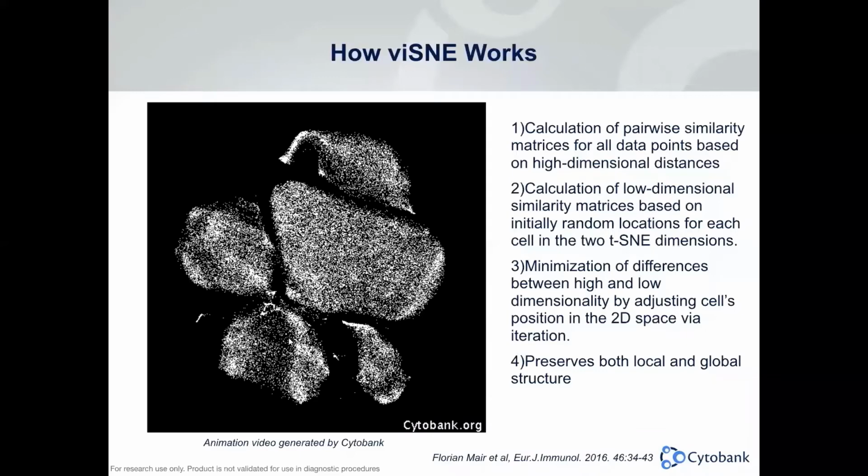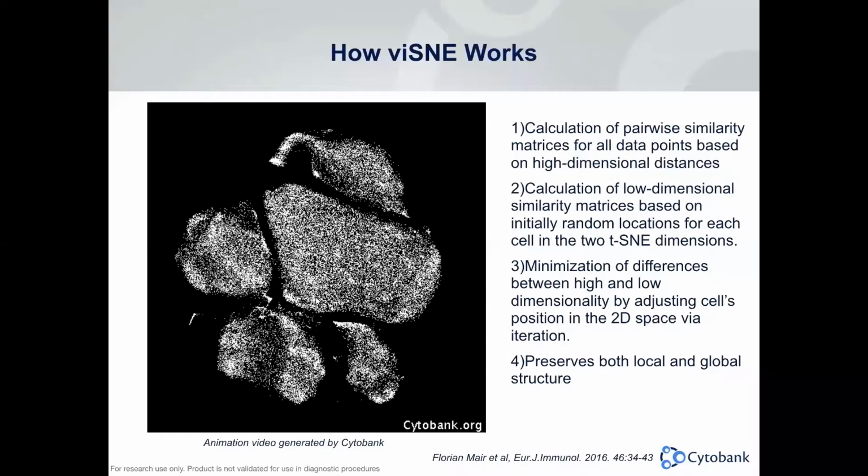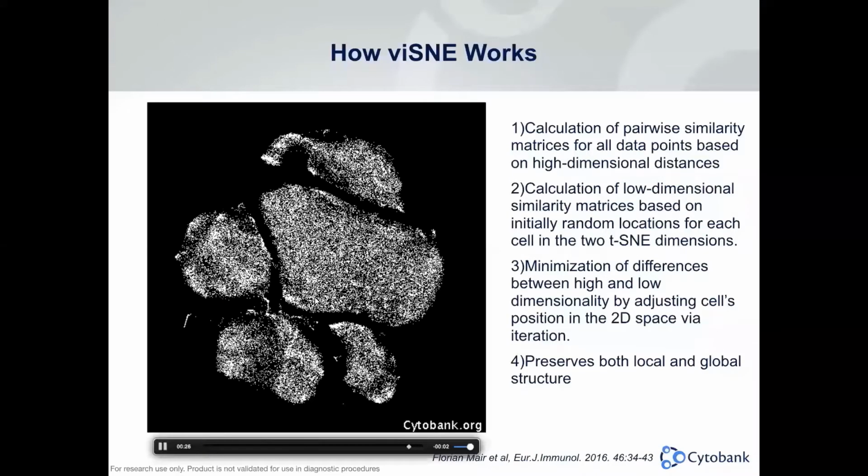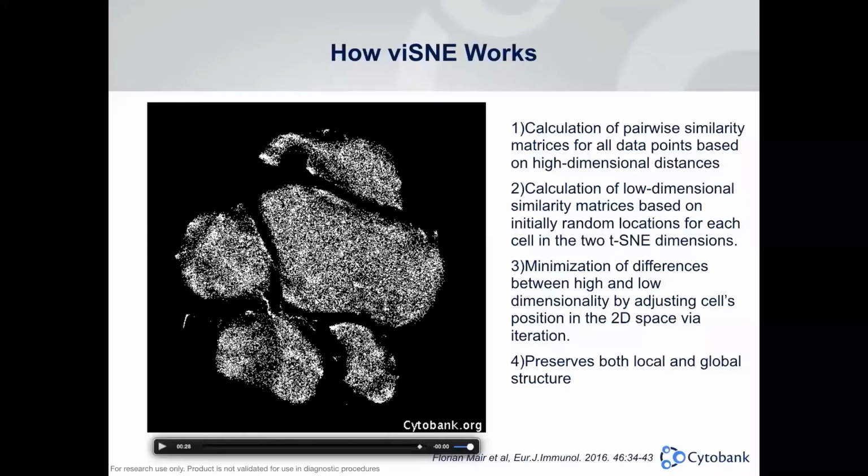As we saw, the cells start out as one group and then scatter out to find the best position on the map. With each iteration, it minimizes the differences between the matrices until the best 2D representation is achieved.